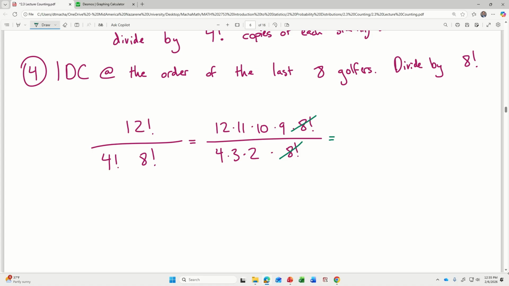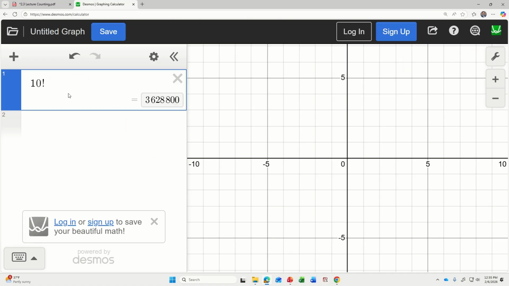So then I think to myself, 12 divided by 4 is 3. And then I've got 11 from the numerator. 10 divided by 2 is 5, and 9 divided by 3 is 3. And you don't have to do this, but then the last step here is to just go to Desmos and type in, what is 3 times 11 times 5 times 3? 495.